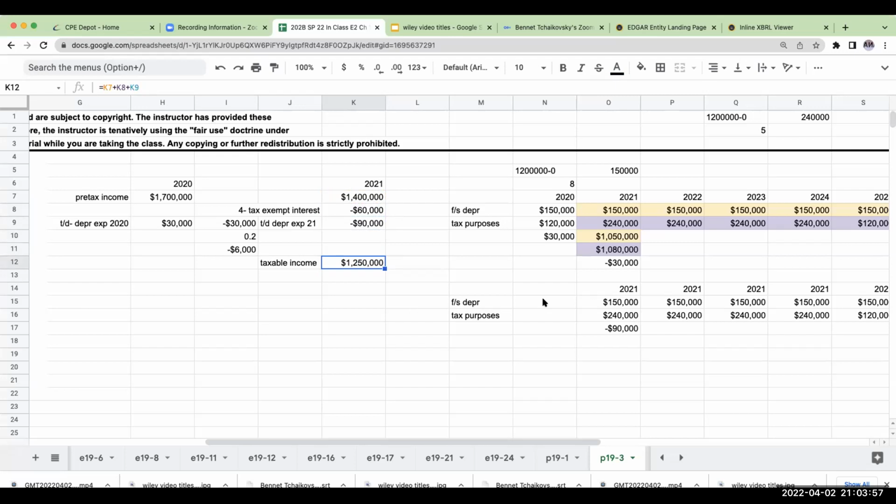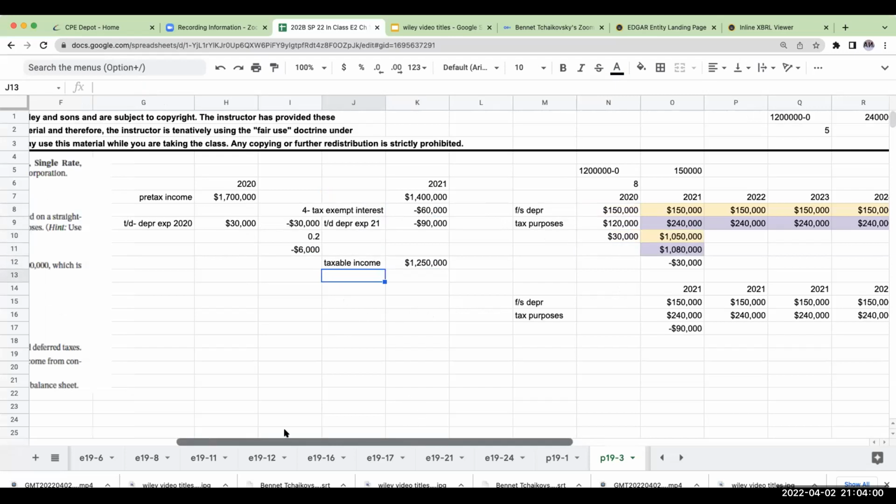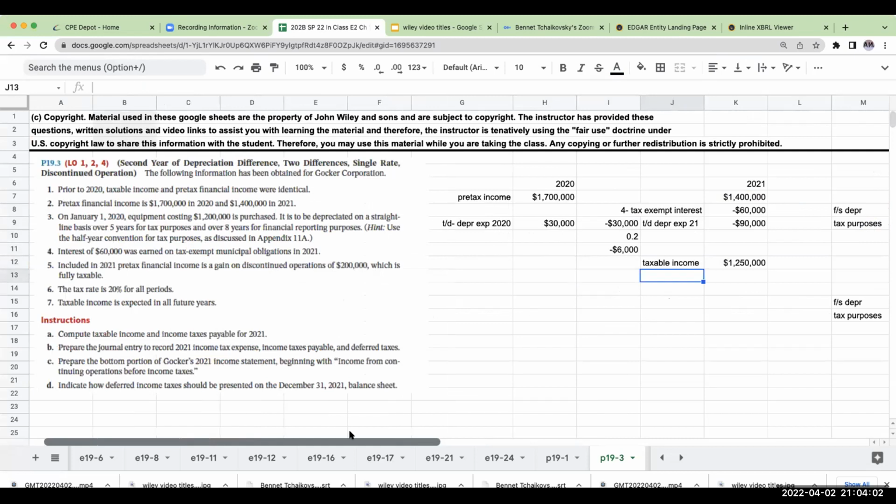This is going to give me 1,250,000. At this point, I'm going to take my tax rate, which is 20%. So my income taxes current is going to be $250,000.